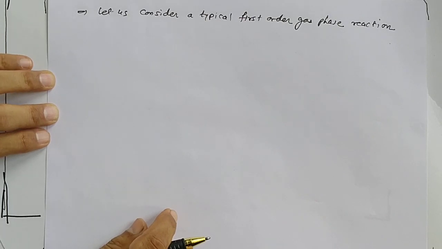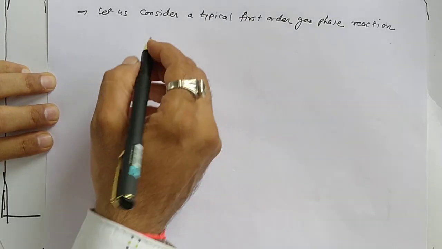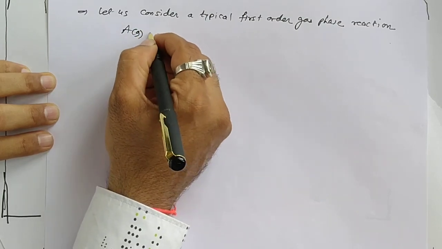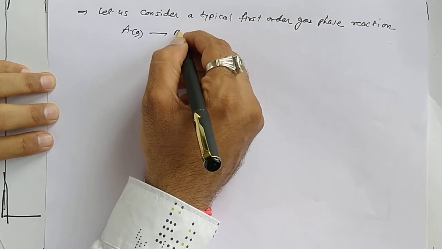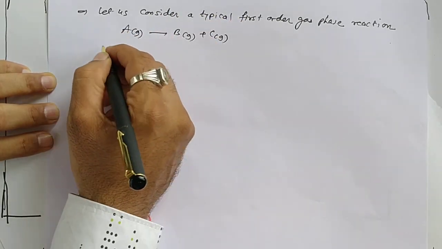All the components in the reaction, reactant and product, are in gaseous state. Typical example we are taking. A gas gives B gas plus C gas as a product.